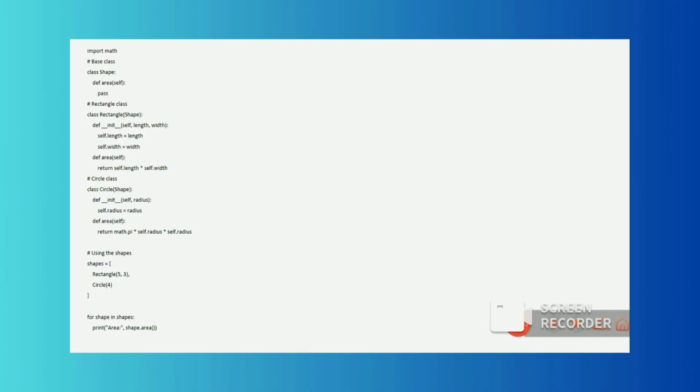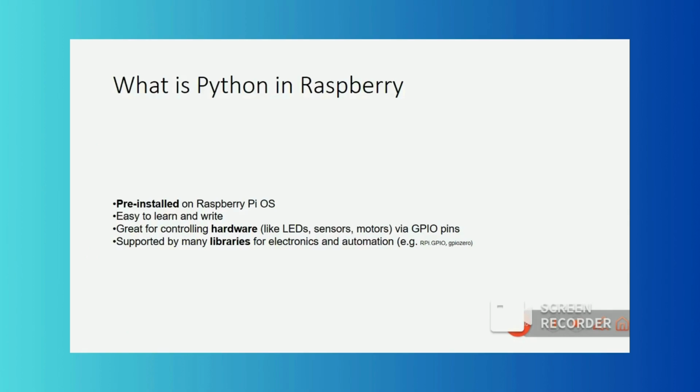I declared a super class as shape, and inside that we are creating subclasses rectangle and circle. Based on that we are calculating it. We will see all those things in later parts.